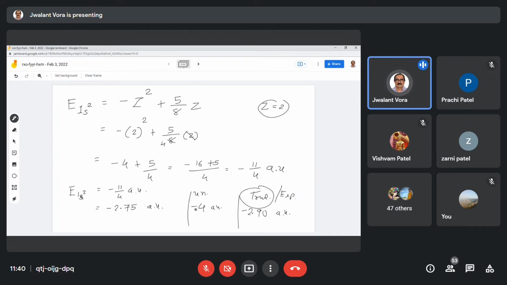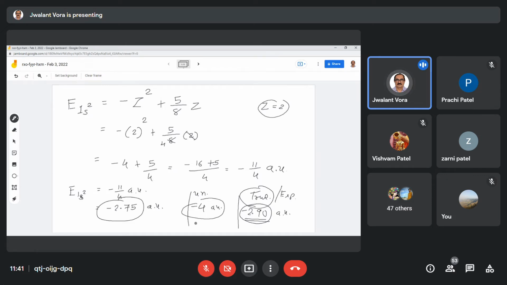Now you can see minus 4 was far away from 2.9, and 2.75 is very close to 2.9, right? So after applying the first order correction, we are reaching closer and closer to the true value. If we carry out second order correction, we will be still closer to the true value.